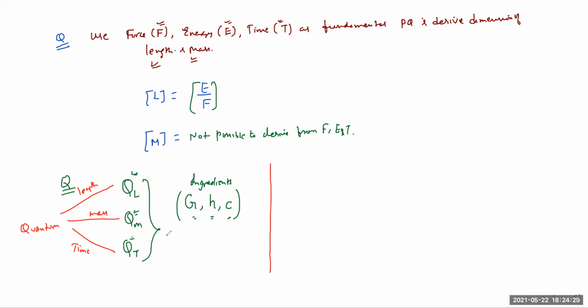Sir, for LHS, can we use the direct formula for length? Yeah, of course. It's a length only. Quantum is a name actually, but it's a length, mass, and time. So LHS is always L, M, and T for the respective values. Quantum length means the smallest length which is possible to measure in the universe.